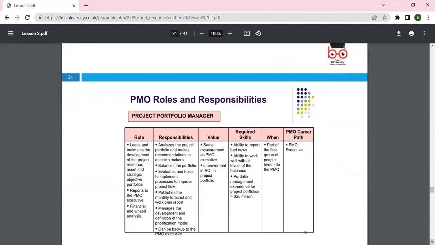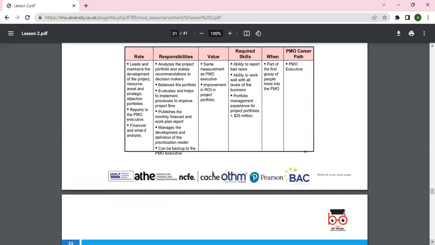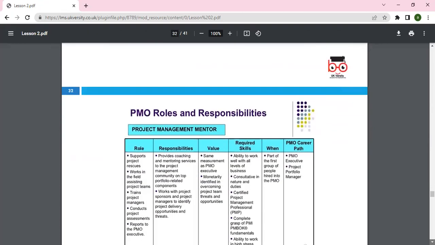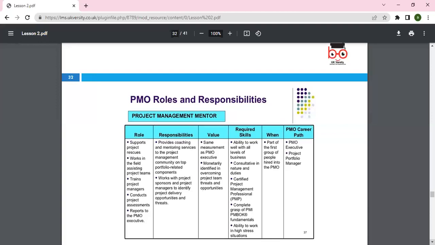Okay, so PMO roles, where we can look at the roles, responsibilities and the values we need to create. Okay, so PMO roles and responsibilities is very important and crucial. Yes.